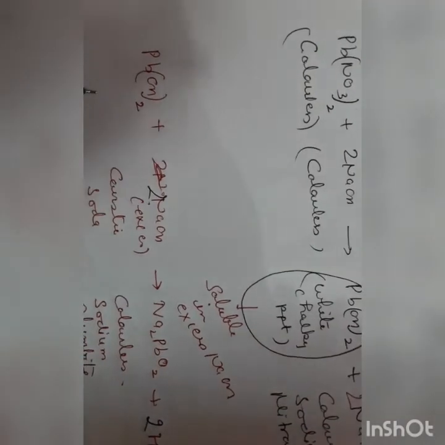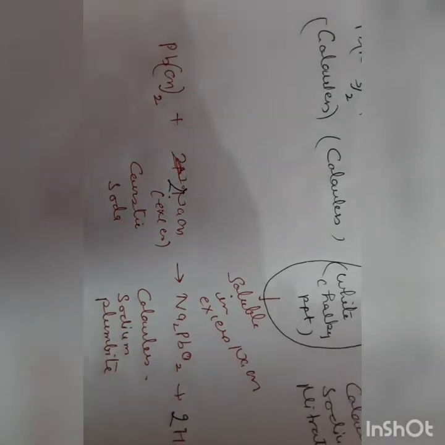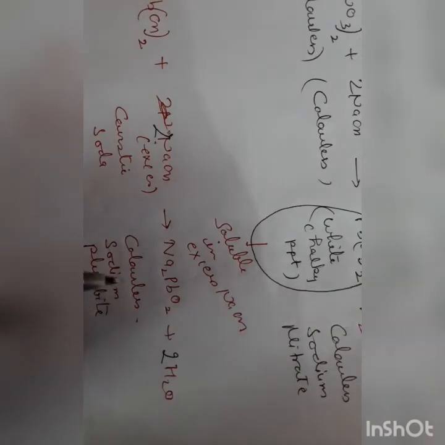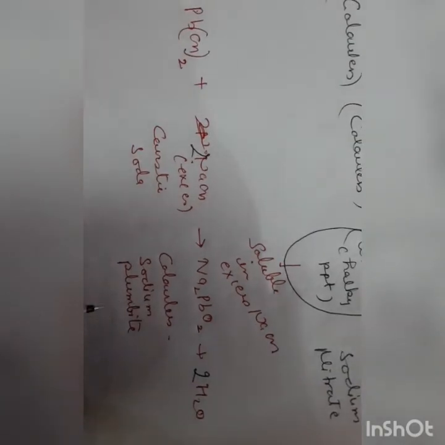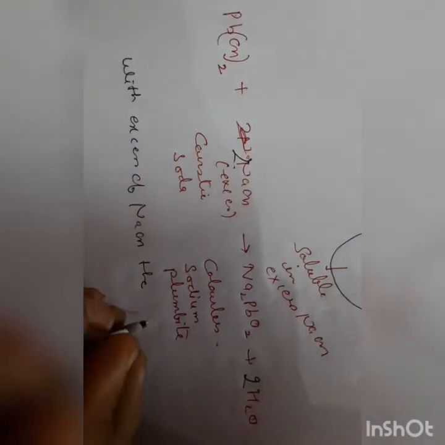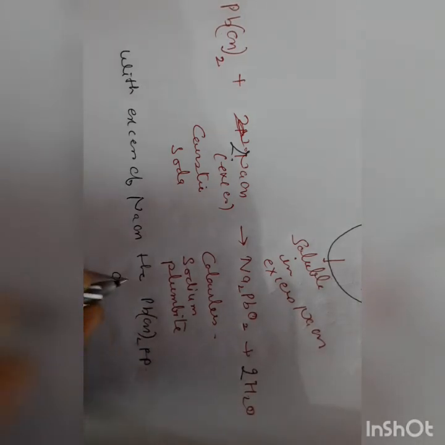And when excess of sodium hydroxide is added to lead hydroxide, it will give a colorless sodium plumbite. So we can say that with excess of NaOH, Pb(OH)2 ppt dissolves.